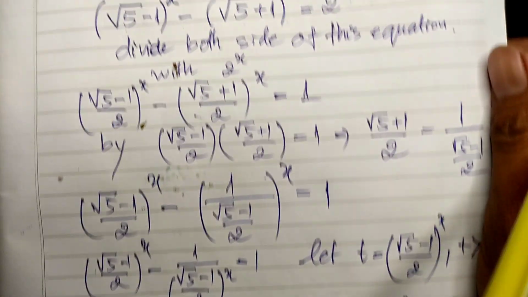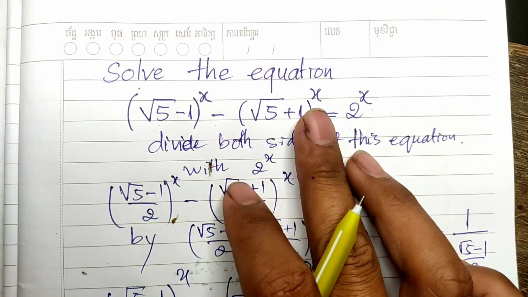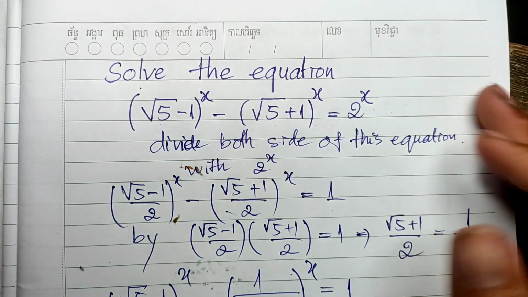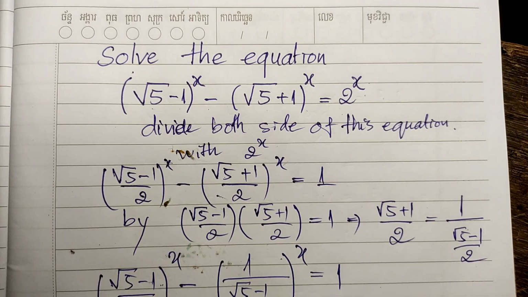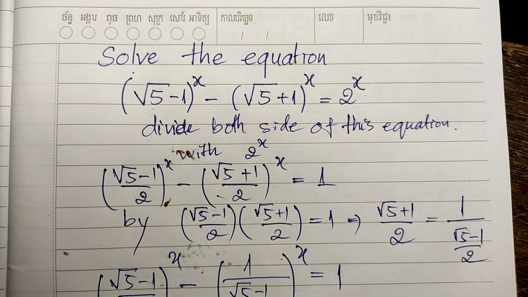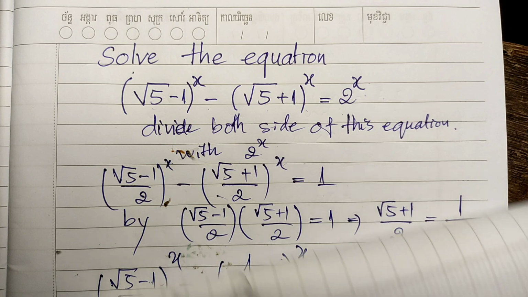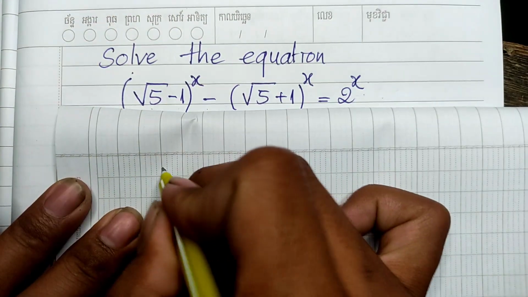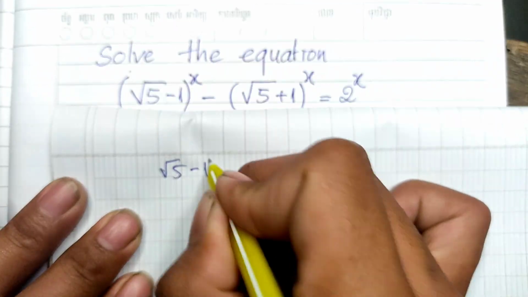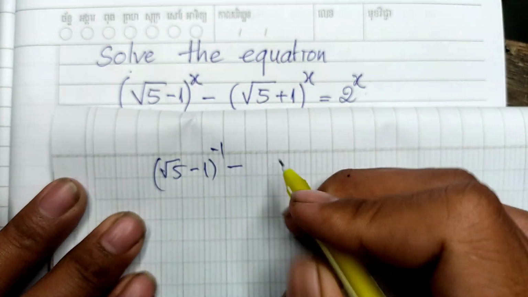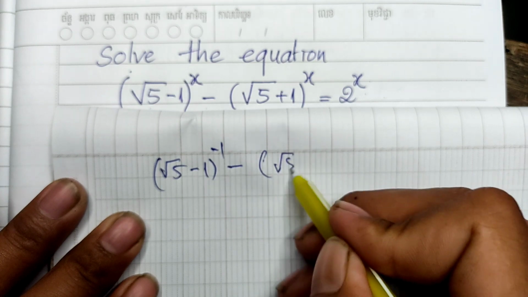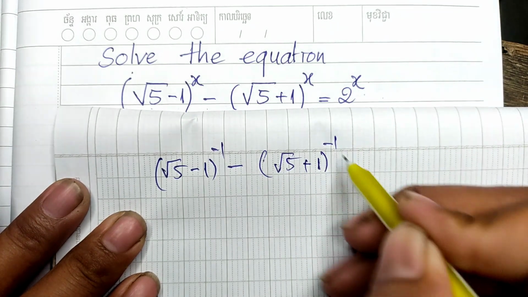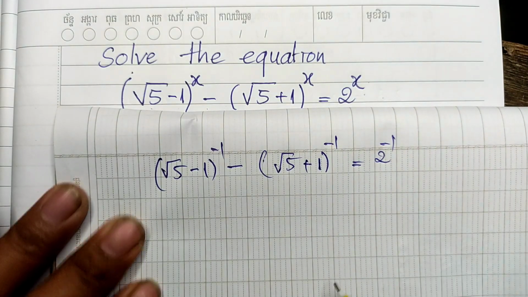Now our expression: if we substitute −1 in our equation, then we get (√5 − 1)^(−1) − (√5 + 1)^(−1) equal to 2^(−1).